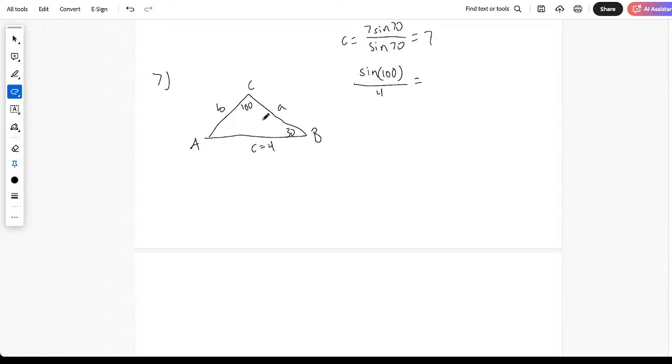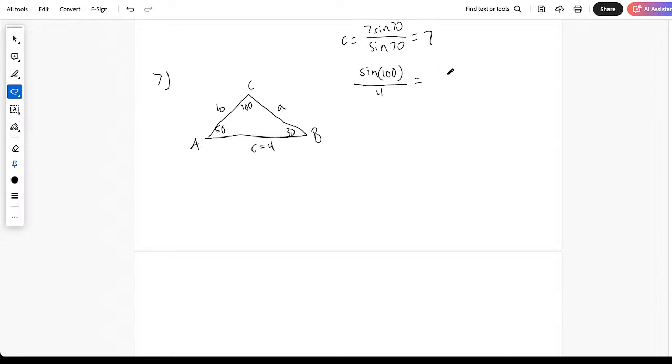And so you can notice that we already have 2 of the angles, and all 3 angles of a triangle equal 180 degrees. And so we just do 180 minus 100 minus 30. I'm just doing this on a calculator. And so that means the last angle is 50, which is great. So I'm just going to add in the 2 other equations that we need to get this, this, and this.